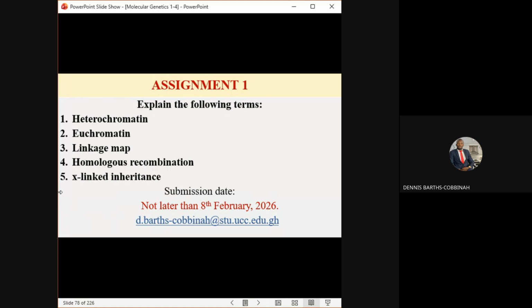You have D dots, bats dash, Kobina at stu dots, ucc dots, edu dot gh. Please pay attention to details when sending the mail, because if you input the wrong email address, it will not come. It will not come. So please pay attention when you are sending it.